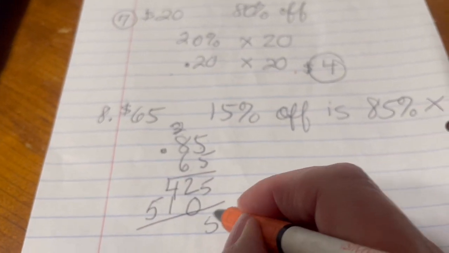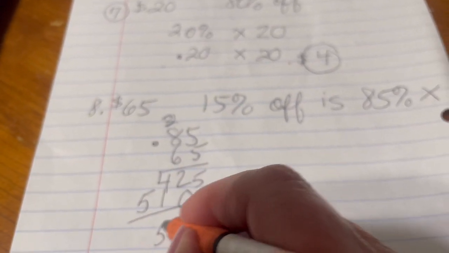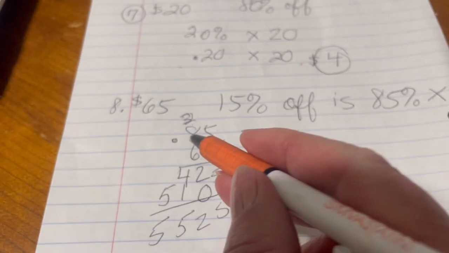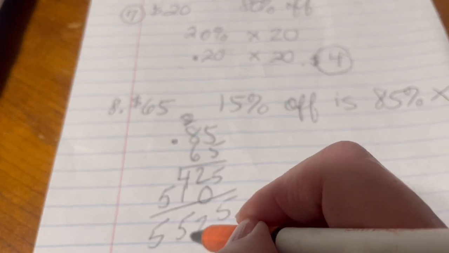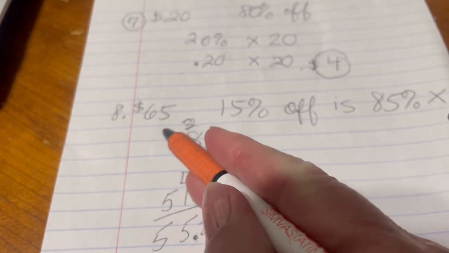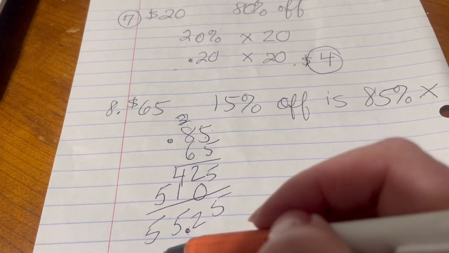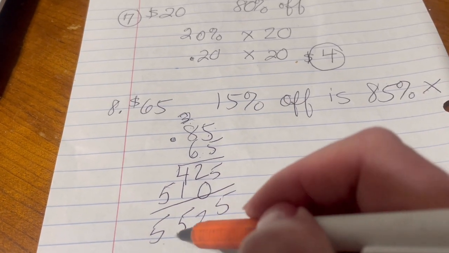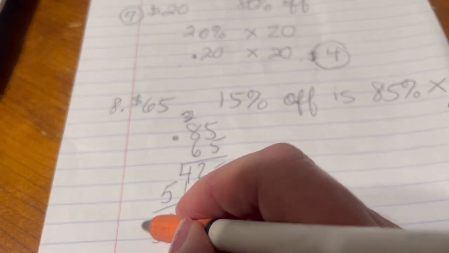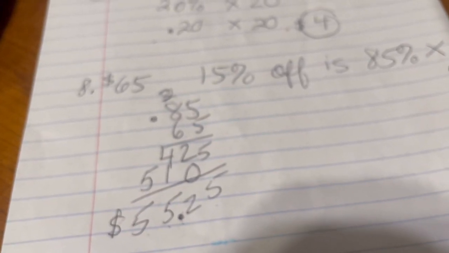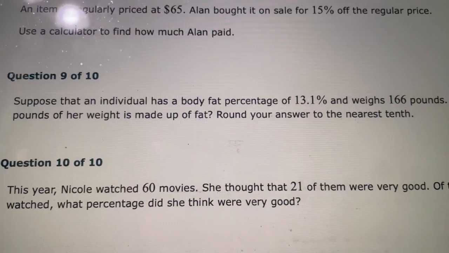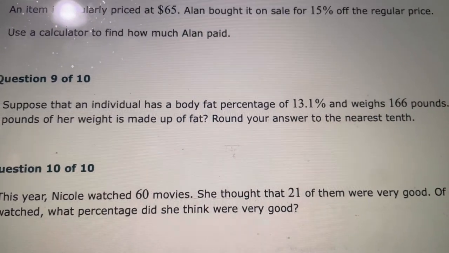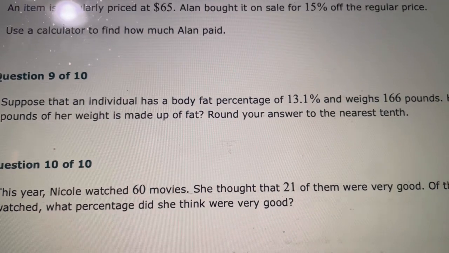And I have a 5, and a 2, and a 5, and a 5, and 2 decimal places. So, started out at 65, but I end up paying $55.25 for that item.